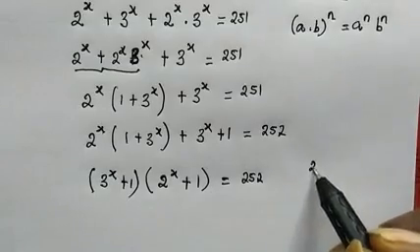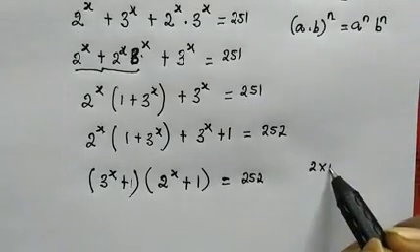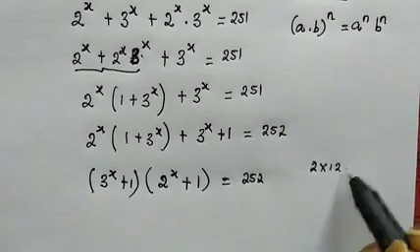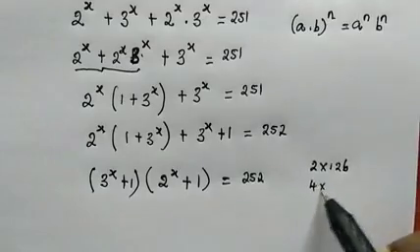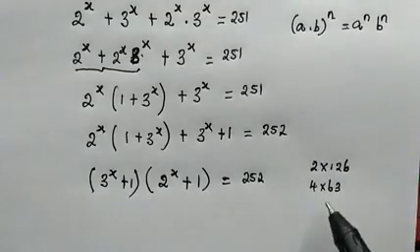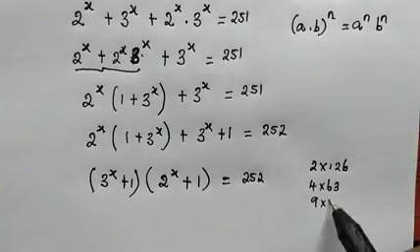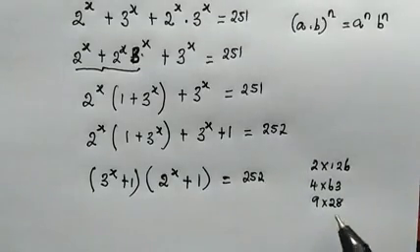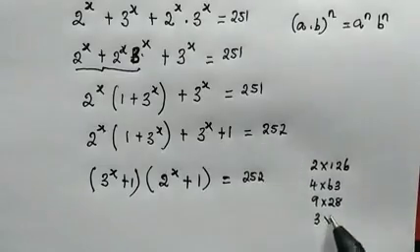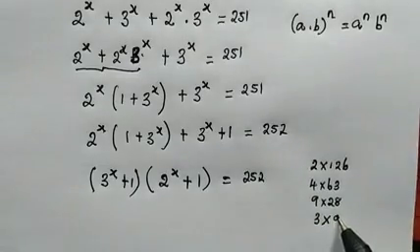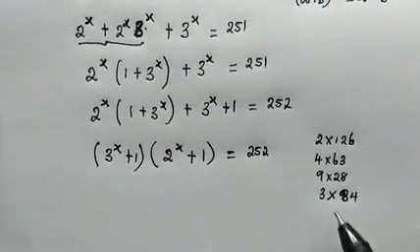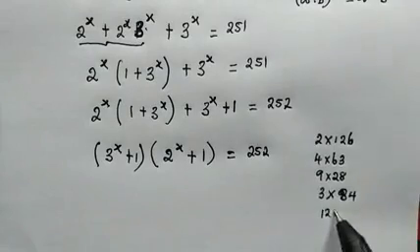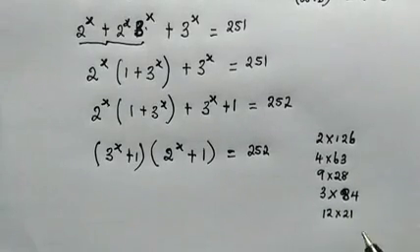Now 252, we can express it as a product of two numbers in a couple of ways. We have 2 multiplied by 126. We have 4 multiplied by 63. We have 9 multiplied by 28. We have 3 multiplied by 84. We have 12 multiplied by 21.